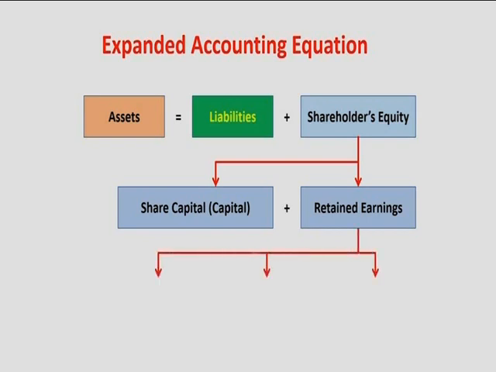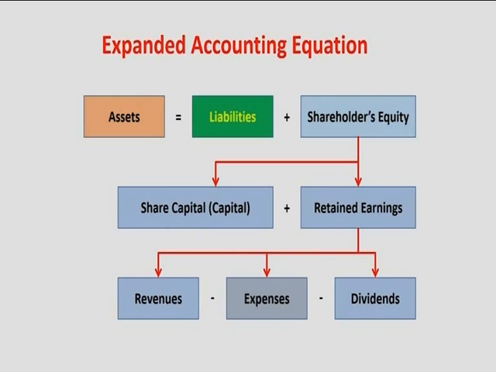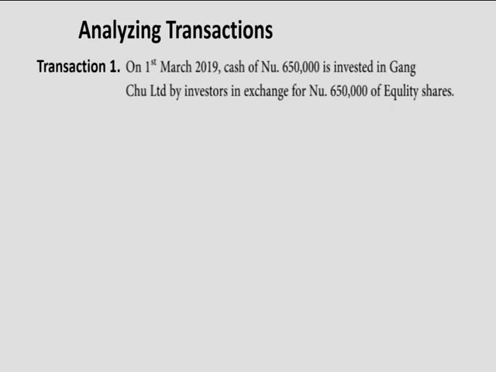Then we further subdivide or expand the retained earnings into three categories: revenue, expenses and dividends. This is the expanded form of the accounting equation. Now, by using the expanded form, we are going to analyze transactions, post them in the accounting equation and see how we record them.